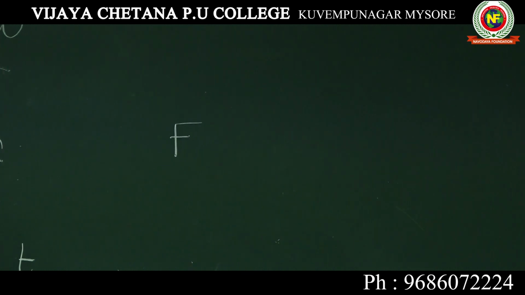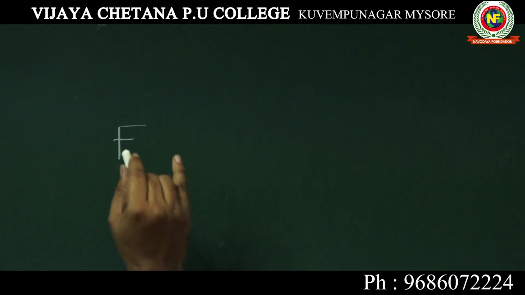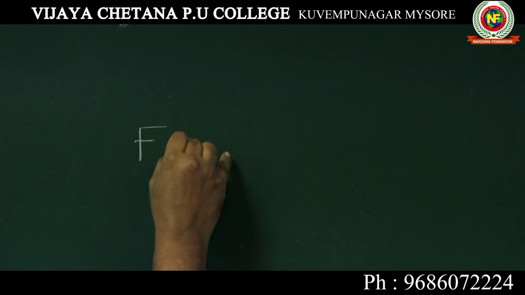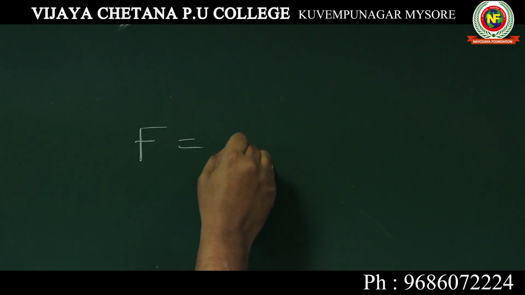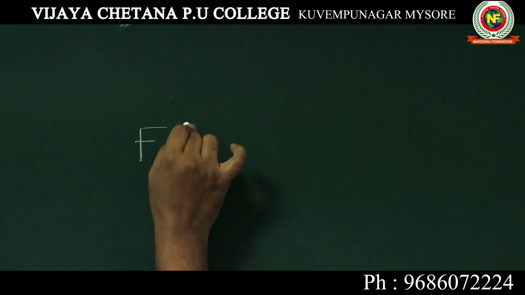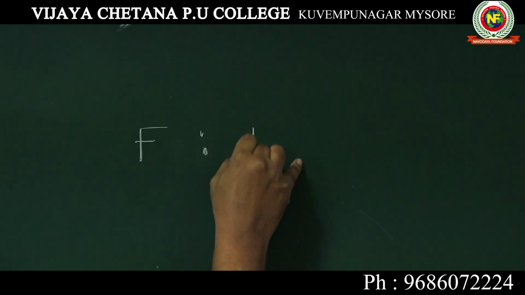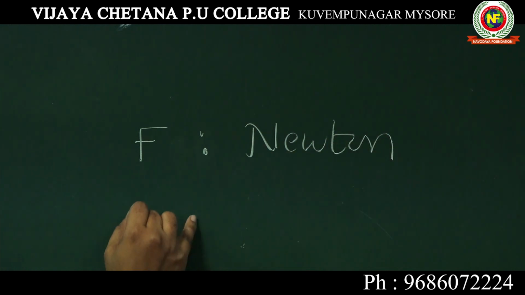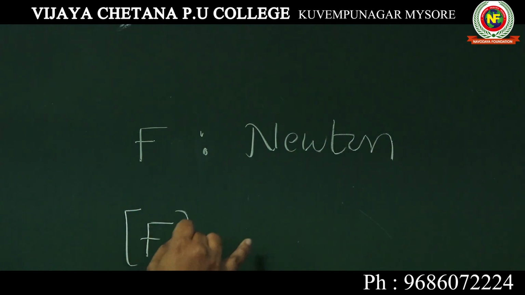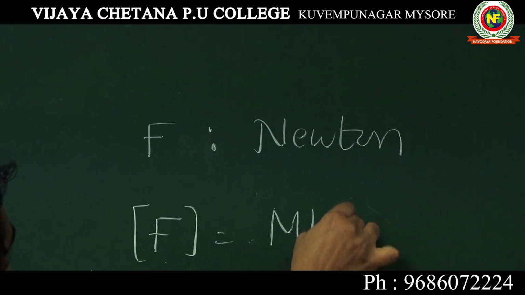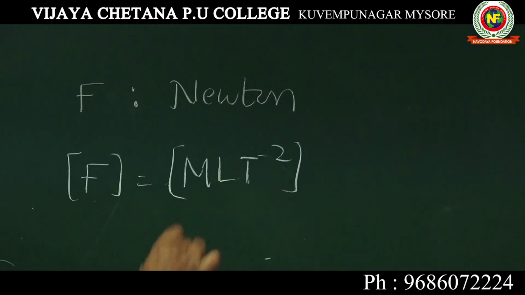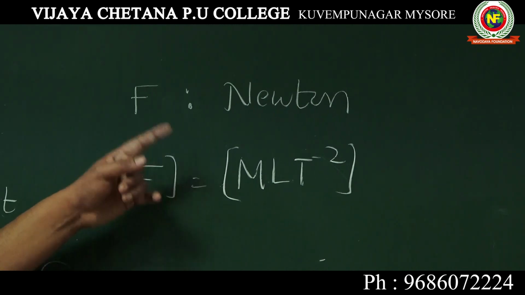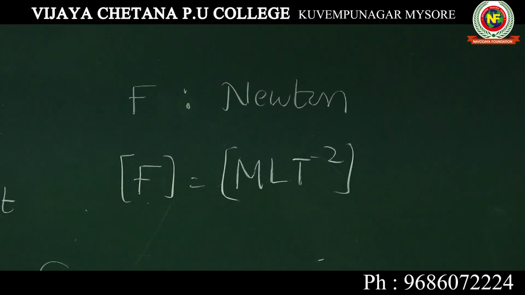Now the electrostatic force we are considering. Force is a physical quantity, whether it is electrostatic, mechanical or gravitational force, the unit and dimension remain the same. Therefore the unit is Newton and the dimensional formula is M L T minus 2.